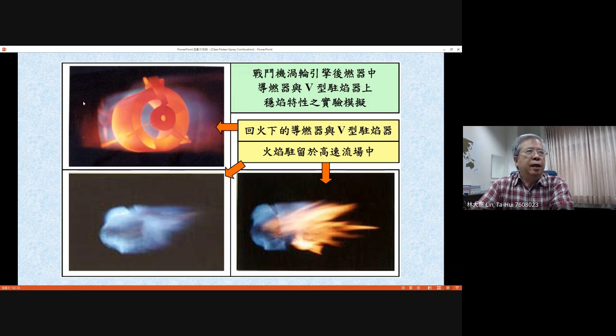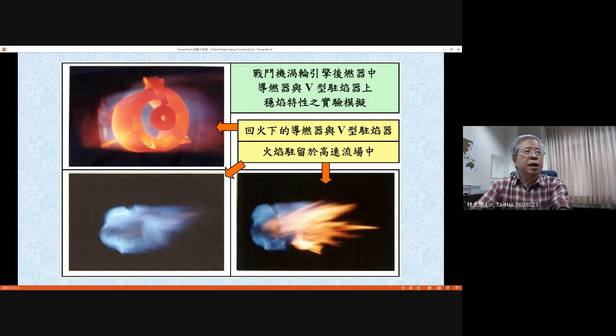And I mentioned previously, this is another good experiment because the flame is already flushed back to the upstream side. Then the hot temperature gases flow through the afterburner and heat the afterburner.